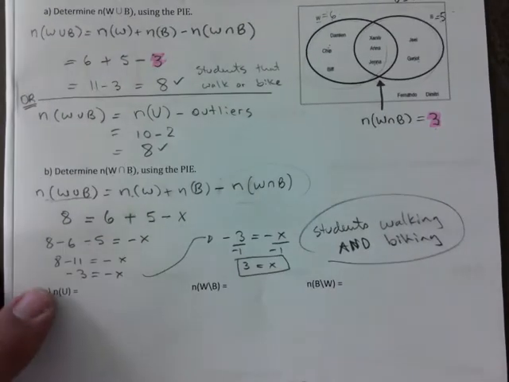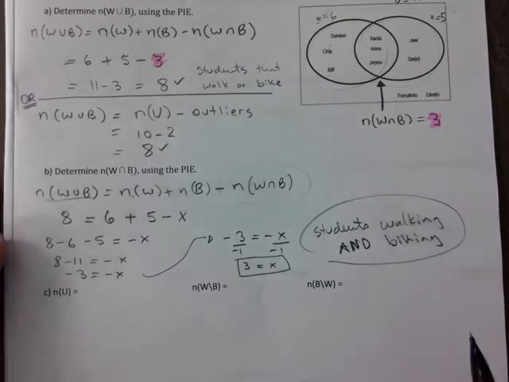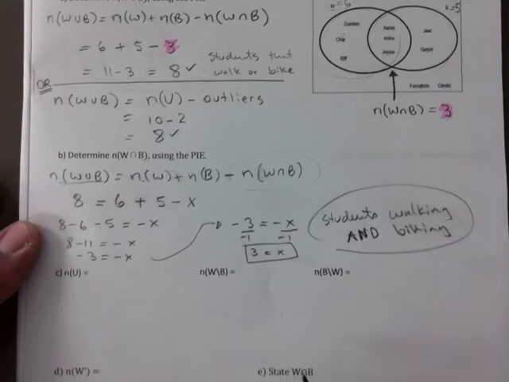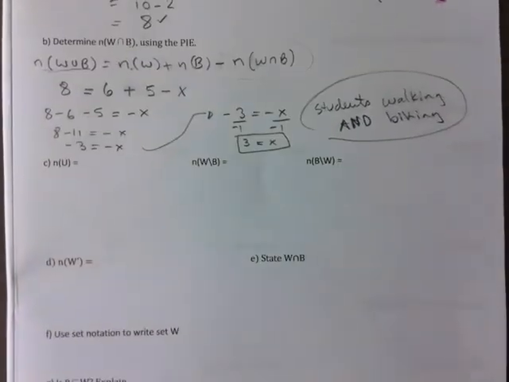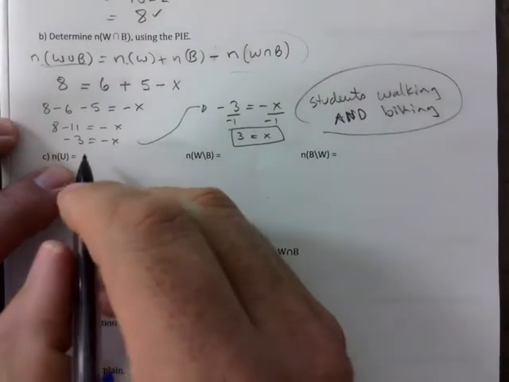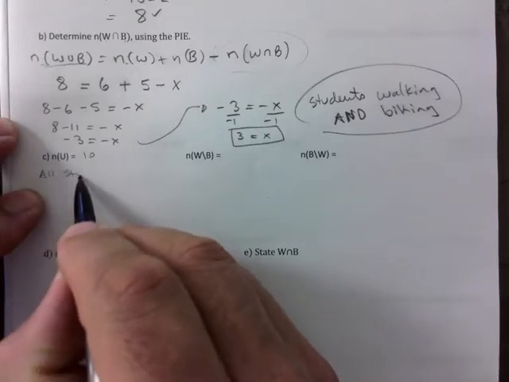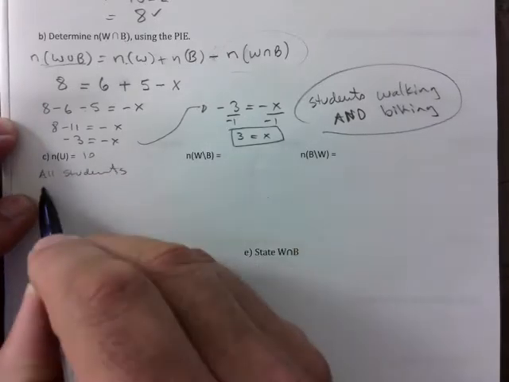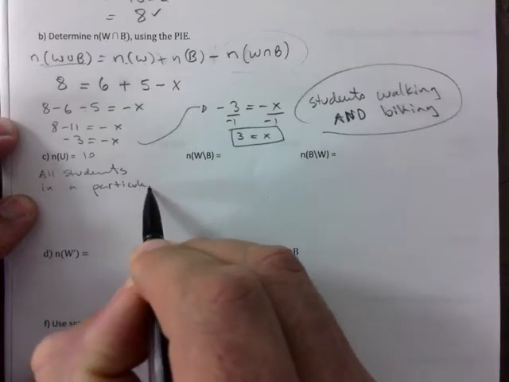All right, so let's fill in all of these, and I might also add what they mean in the word problem that we're trying to solve or that we're considering. Okay, so the U is, in this case, still 10. It's all students in a particular class.